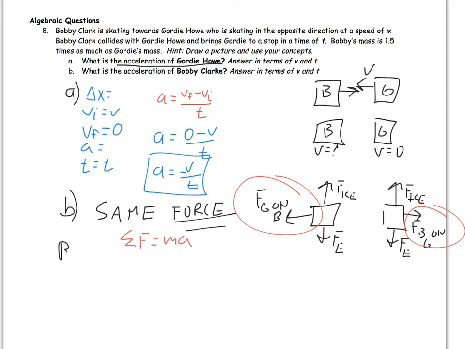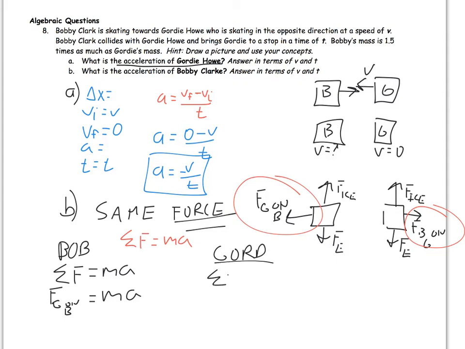So for Bobby, we have the sum of the forces is equal to ma. The only force acting horizontally is the force of Gordie on Bobby. And that's going to be equal to the mass of Bobby times Bobby's acceleration. All right, and for Gordie, we have sum of the forces equals ma once again.